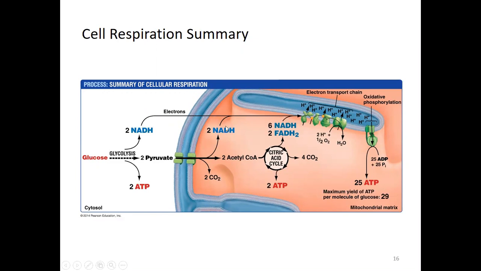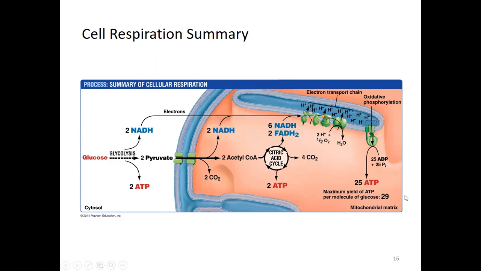We take all of this NADH and FADH2 and pass it through our electron transport chain to produce a proton motive force, consume that proton motive force through the ATP synthase, and make an additional 25 ATP. So your mitochondria can make a total of 29 ATP per molecule of glucose that they break down using respiration. That's a pretty amazing yield of energy.